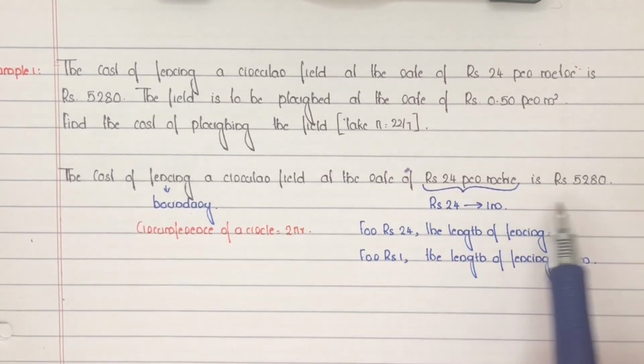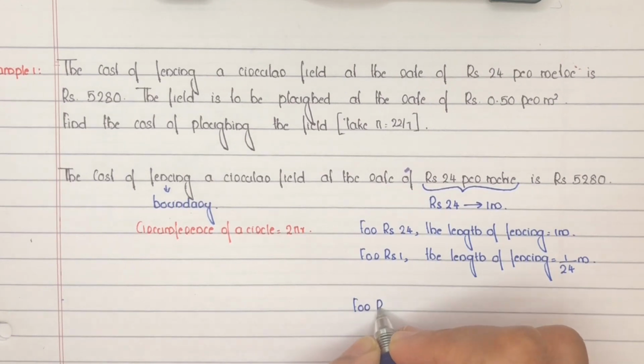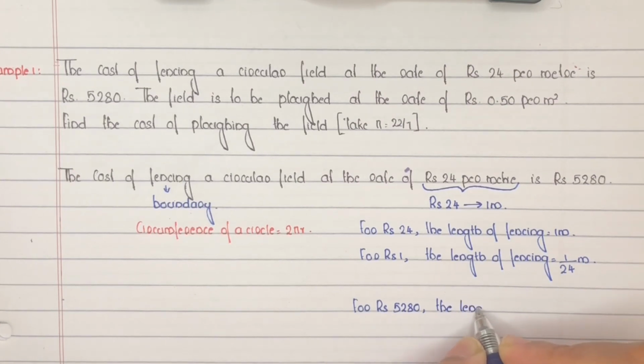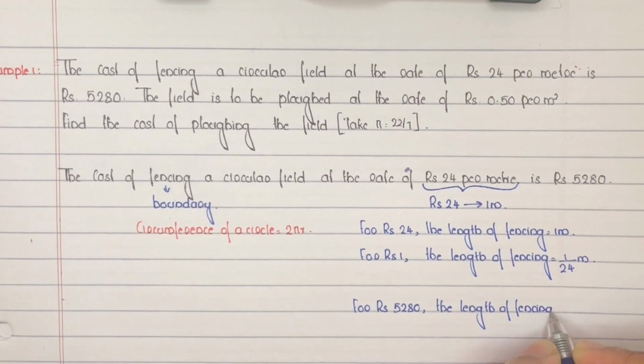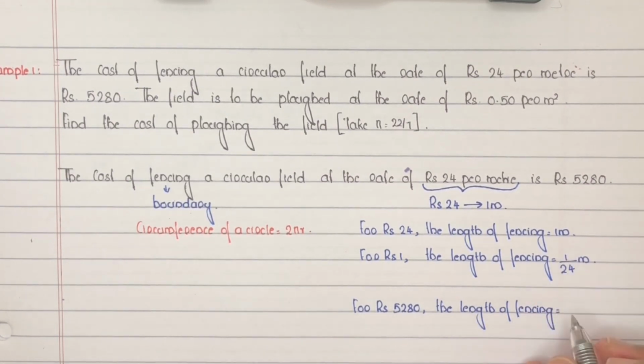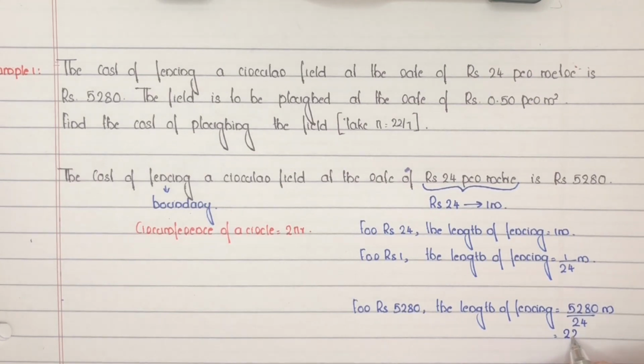And the total cost is 5280. So for rupees 5280, the length of fencing is equal to 5280 into 1 by 24 meter, 5280 by 24 meter, which is 220 meter.